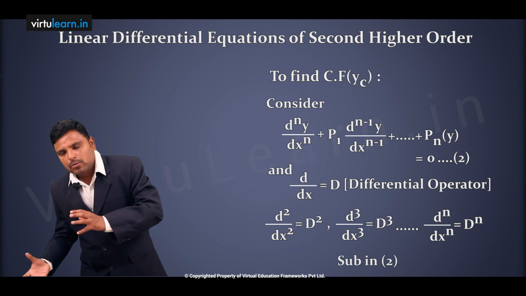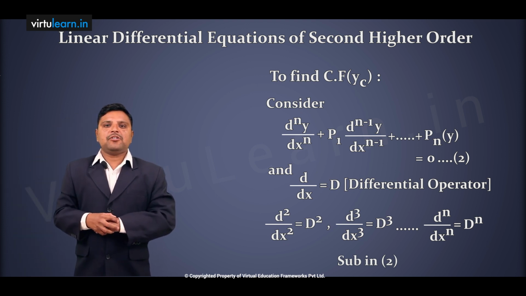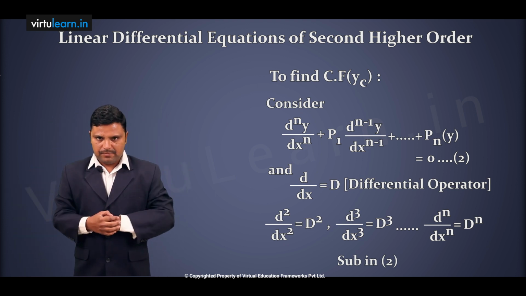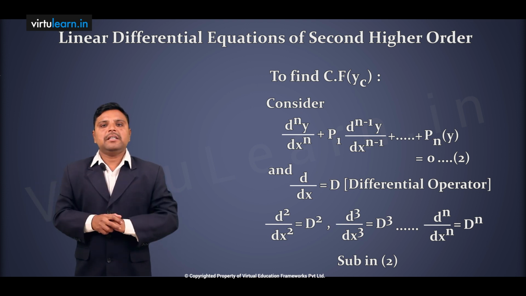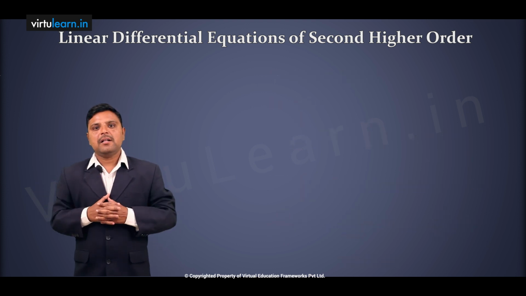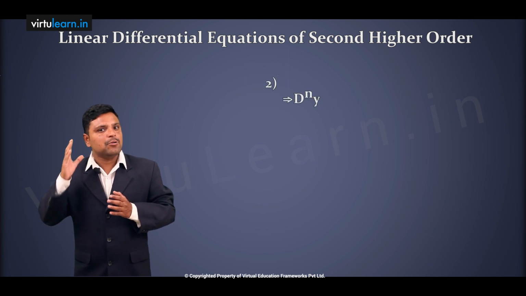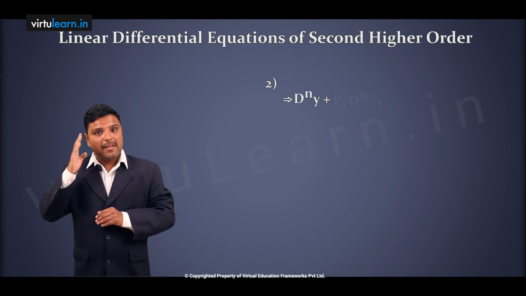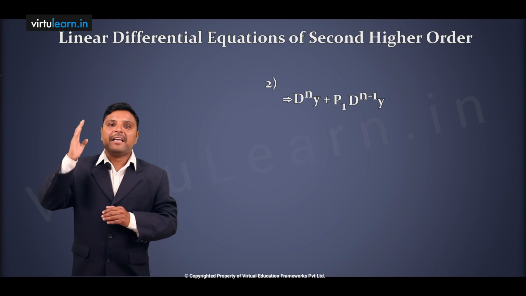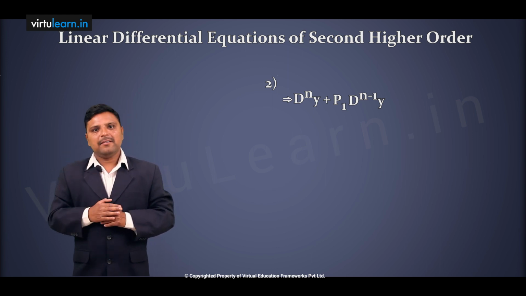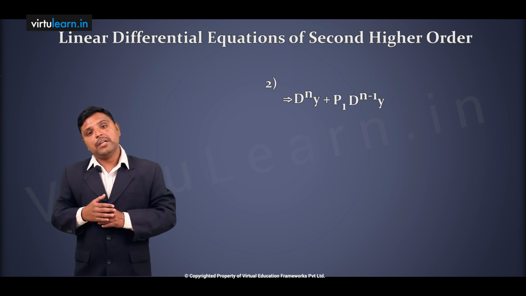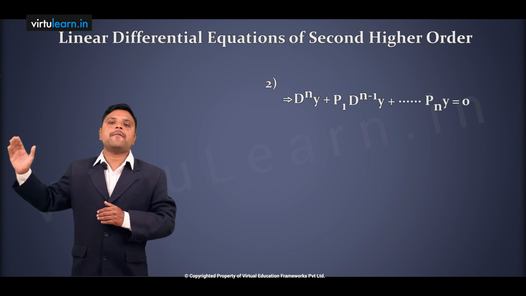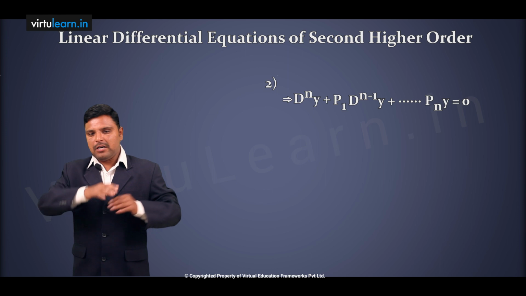You put all these differential operators in the above differential equation, in the equal to 0 form, and that equation becomes D^n y + p1 D^(n-1) y + p2 D^(n-2) y + and so on pn y = 0.